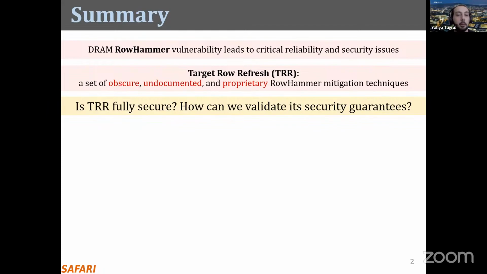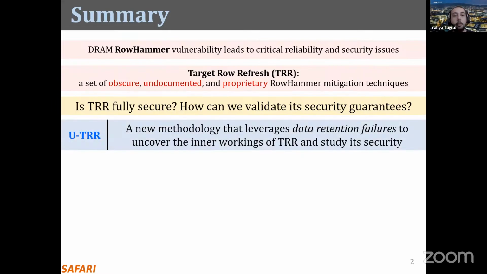Is TRR truly secure, and how can we validate its security guarantees? To this end, we proposed U-TRR, a new methodology that leverages data retention failures to uncover the inner workings of TRR and study its security.